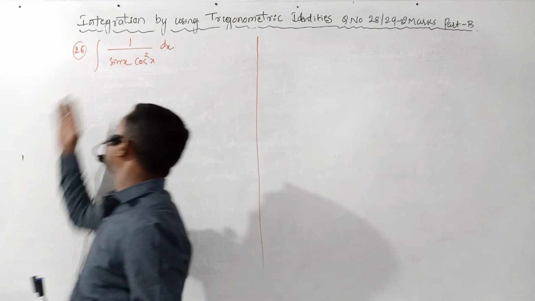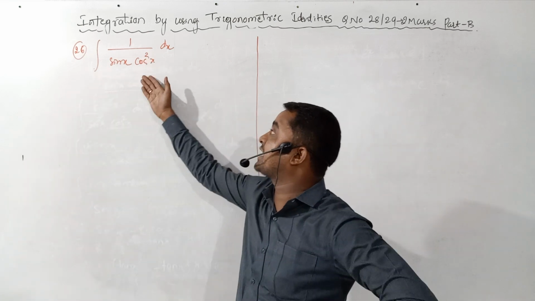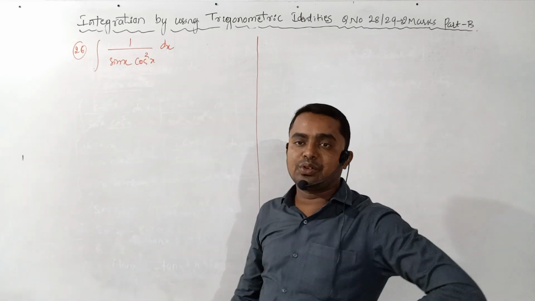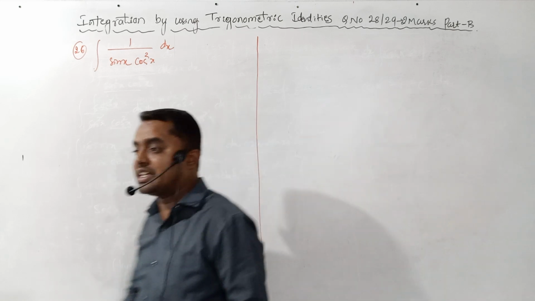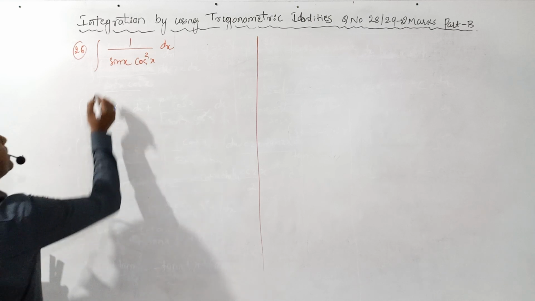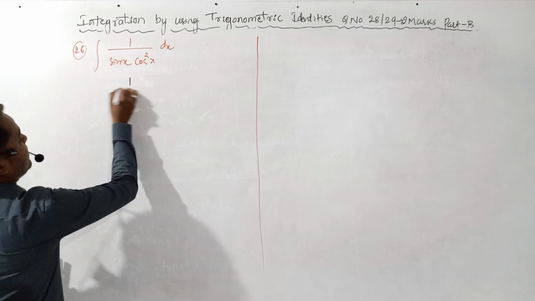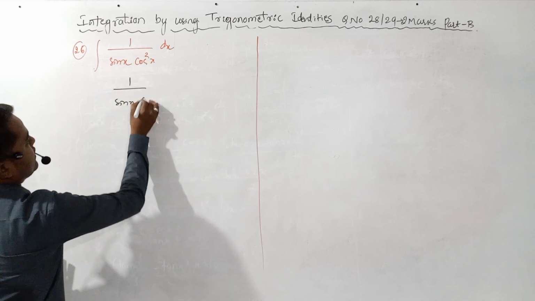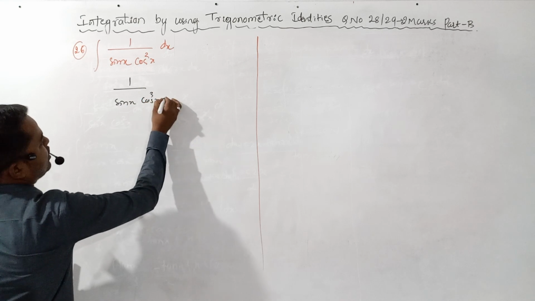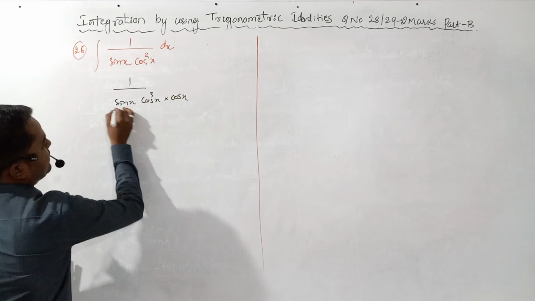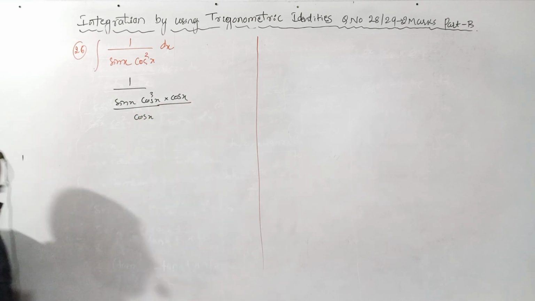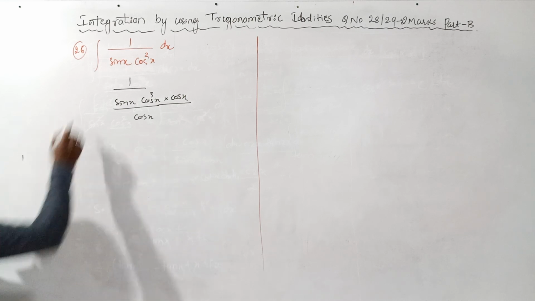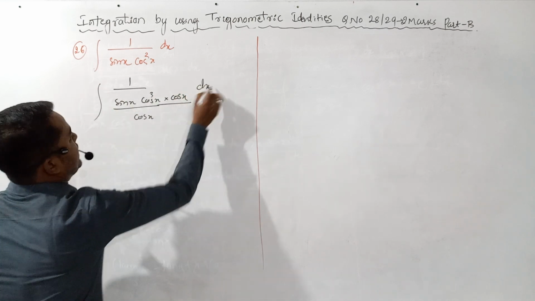Next problem: integrate 1 by sin x into cos cube x dx. To evaluate this integral, we divide and multiply by cos x in the denominator. See here, 1 by sin x into cos cube x into cos x divided by cos x dx.